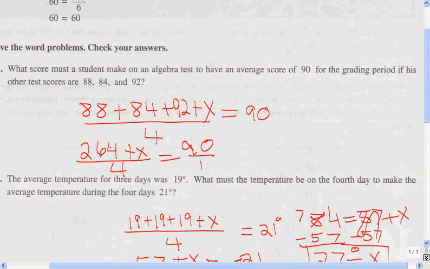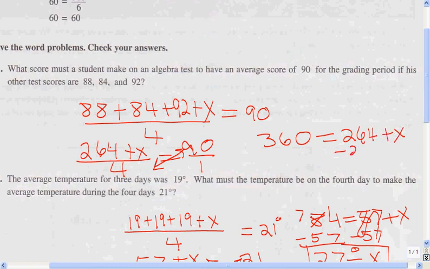I'm going to put the 90 over 1. And I'm going to cross multiply. 90 times 4 is 360, equals 1 times 264 plus x. Well, anything times 1 equals whatever I'm multiplying it by. So 264 plus x.